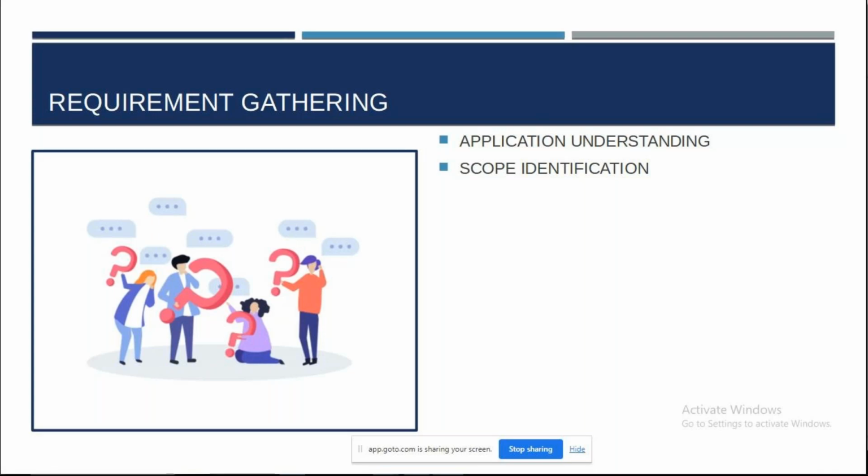Now, how will you identify your scope? I told you that you have to identify your scope, but how are you going to do that? It is also important. For that, we need to know which scenarios in the application are going to be the PT candidates, or performance test candidates.